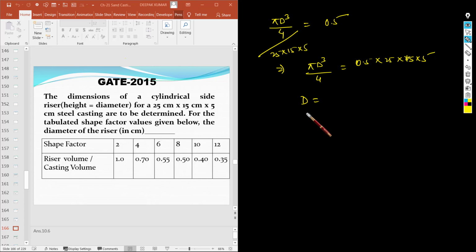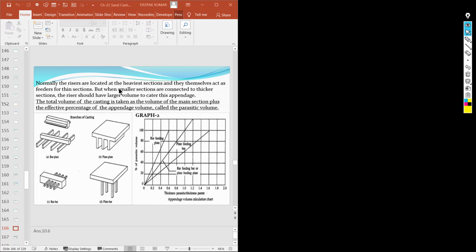So D is equal to 0.5 into 25 into 15 into 5 into 4 divided by pi, and the cube root of this is 10.61 centimeter. This is the value. Okay, next.